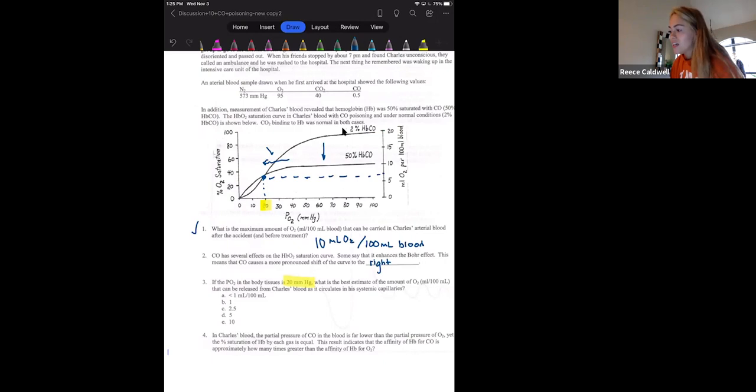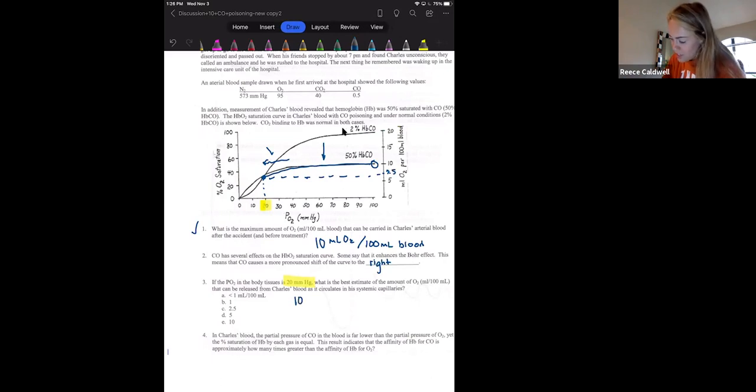So what we see is that whenever we are looking at the delivery of oxygen at 20 millimeters of mercury to the tissues, we have about 10 of blood in the lungs initially, because that's where we start. However, once we reach the tissues, we have about 7.5.